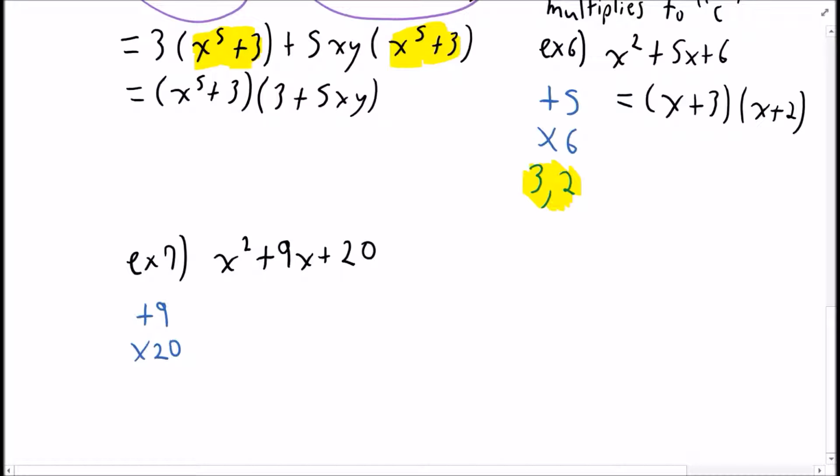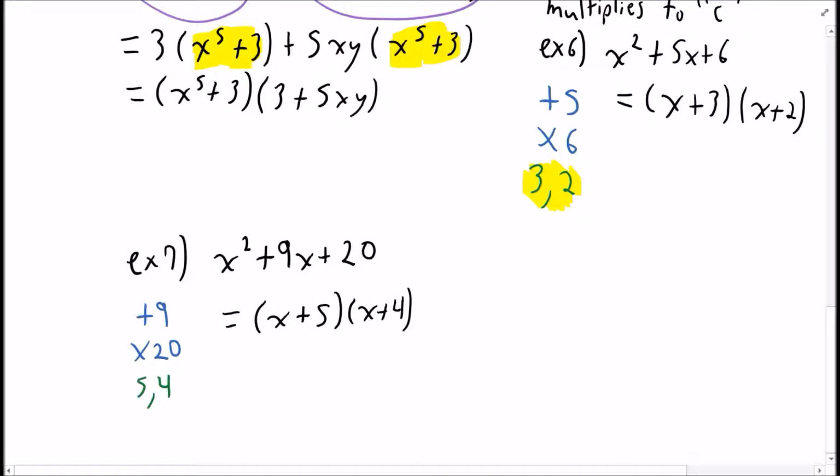So what multiplies to 20? 10 and 2, 10 plus 2 is 12, so that's not it. 5 times 4 is 20, 5 plus 4 is 9. So it's going to be 5 and 4. So what we get to do is jump right to the brackets. Bracket x plus 5, x plus 4.